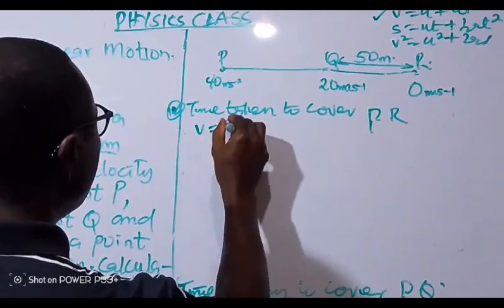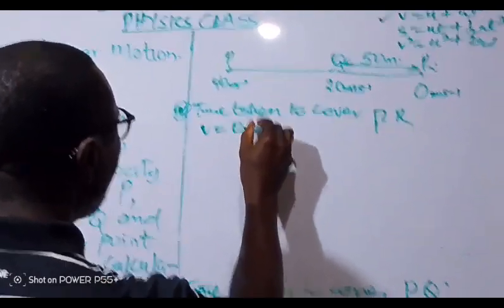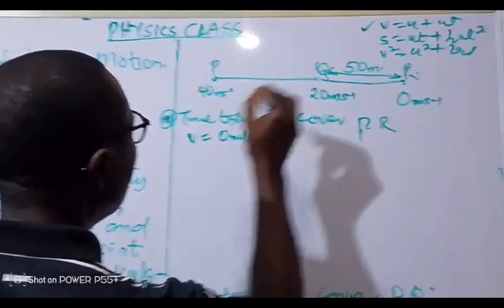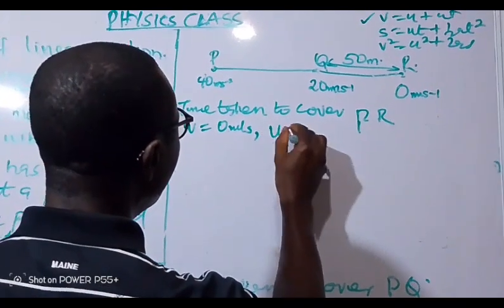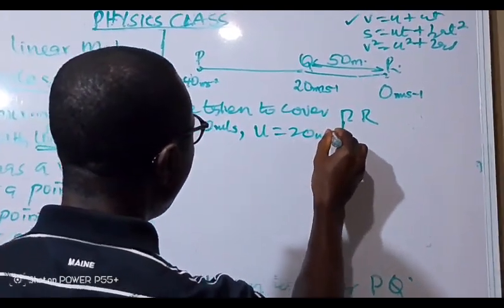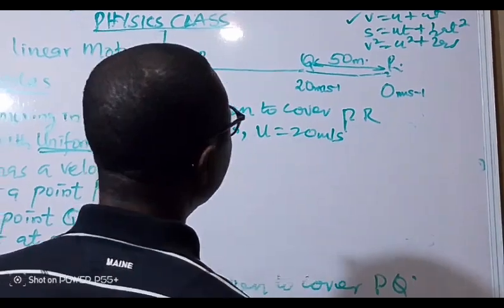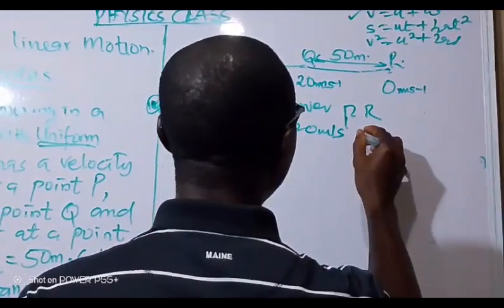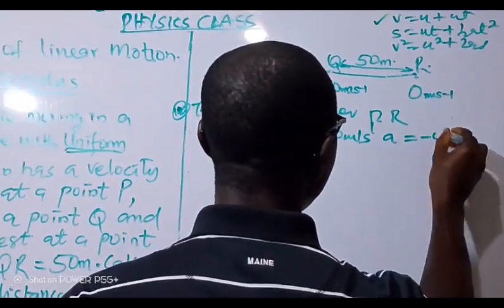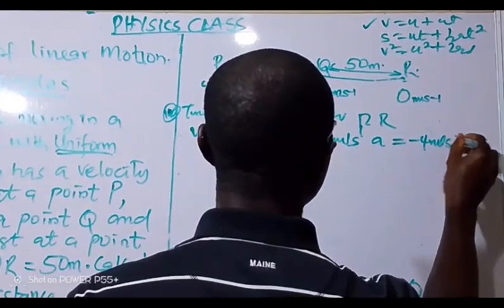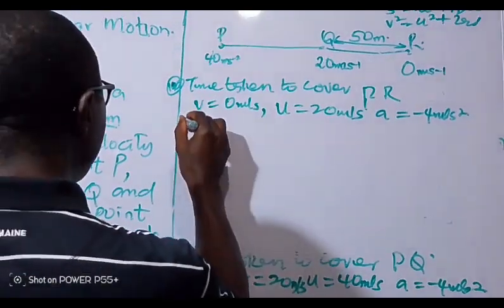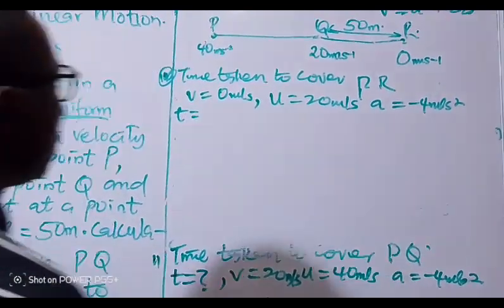V is equal to 0 meters per second. Then U will be equal to 20 meters per second. Then A is known, minus 4 meters per second square. Then what do we need? T.